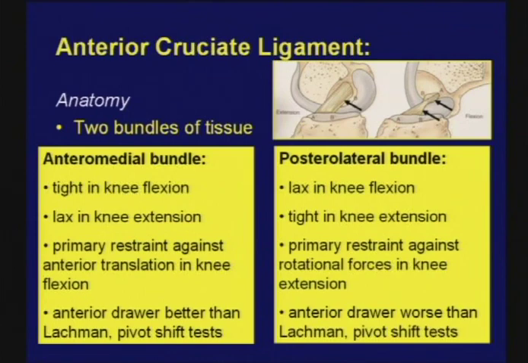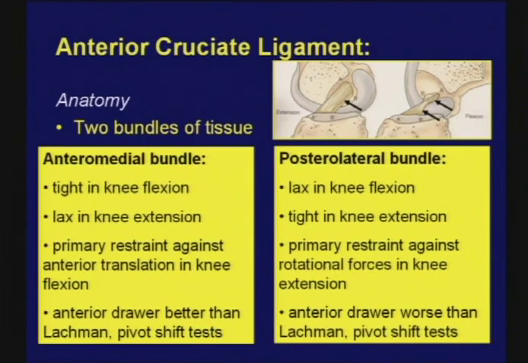It is said by many that the anteromedial bundle is the primary restraint against anterior translation, particularly in knee flexion, and that the posterolateral bundle is the primary restraint against rotational forces, particularly in extension of the knee. So if this is the case, you can imagine that the good examiner, again armed with a number of provocative tests, could sort out in cases of partial tears, in fact, what bundle might be involved.